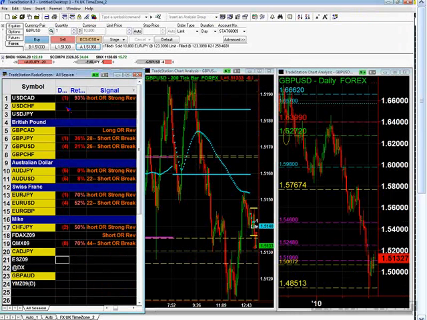These numbers over here, there is nothing really happening in the market. The market is quite dull, except for the Aussie yen, it's just turning around.